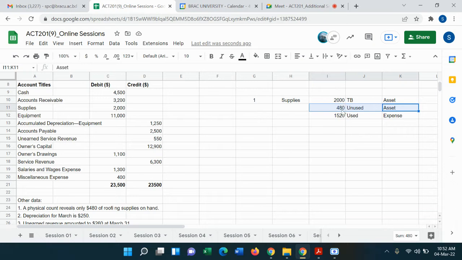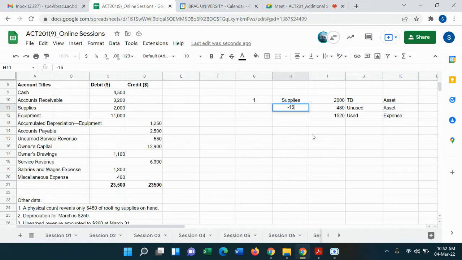That's why this summary has been done. If you do this summary, it is very easy. In the trial balance, they recorded it as an asset. How much asset has been recorded? 2000. How much should the asset be? 480. So we need to make it 480. How can we make it 480?